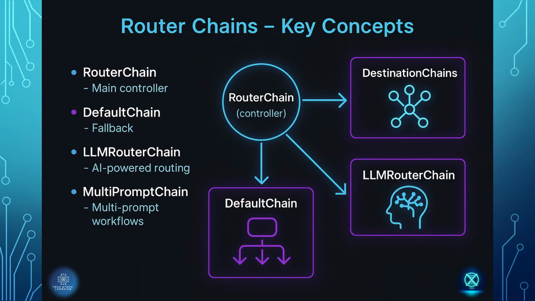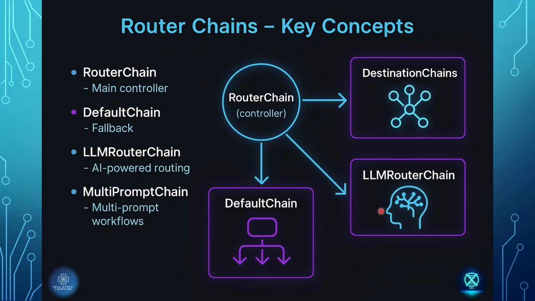What are the key concepts within router chains? The router chain is the main controller, which decides where to go. Then we have destination chains, which are the subchains where your input is routed. Then we have the default chain, a fallback: if no destination fits, it goes to the default chain.